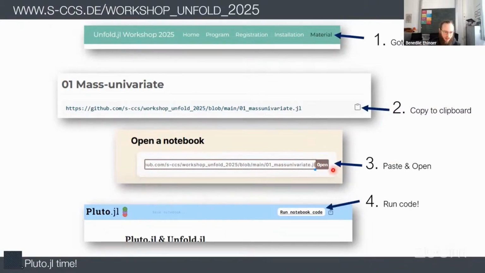You need to say, yes, I understand, this is from outside my computer, and so on. Then at the top, you need to run the notebook code. This will take between 5 and, let's say, 40 seconds to start up, depending on how fast your computer is. And then you can run through the workshop material, the first exercise, independently on your own.